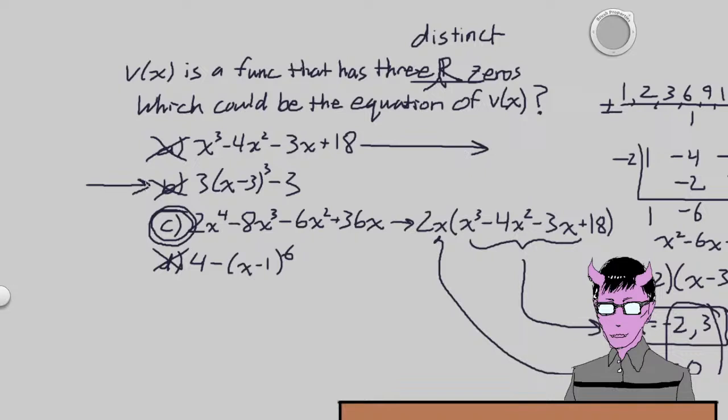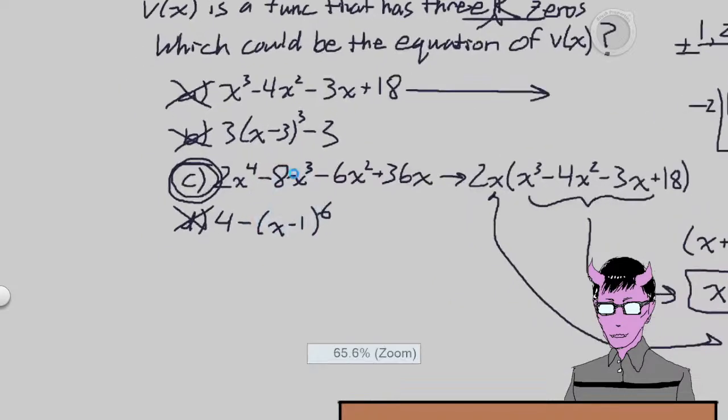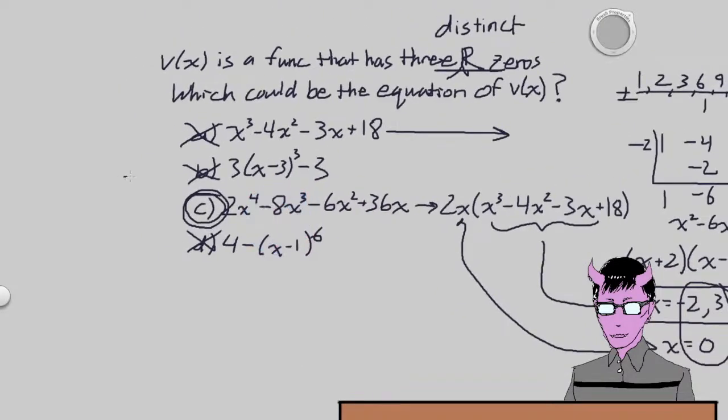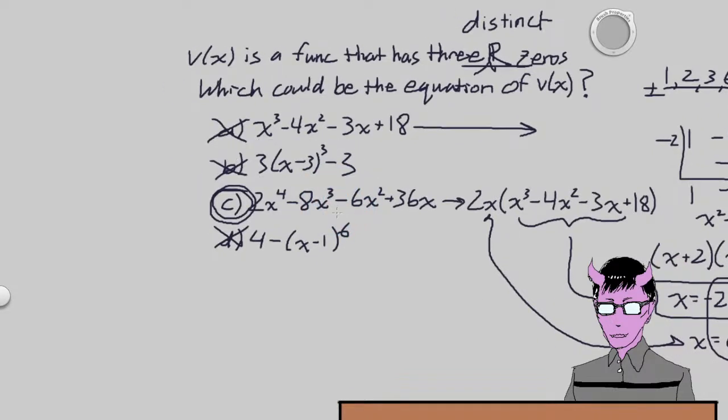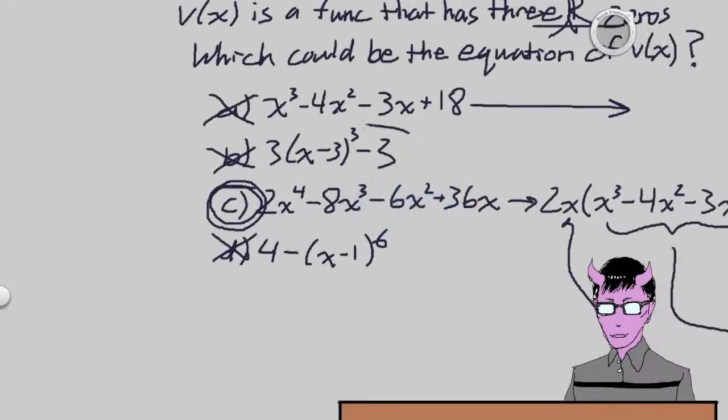But again, we eliminate choice B using quick graphing, and we eliminate choice D also using quick graphing. Now we could sit there and we could try to do the synthetic division for this one, but I think I'm actually not going to do that. So we're just going to rely on good old graph sketching. So again, this one, if you graph it, it's just a shifted standard cubic function.